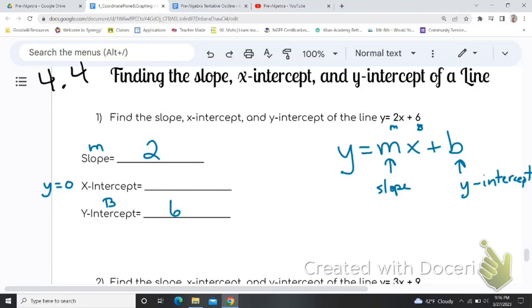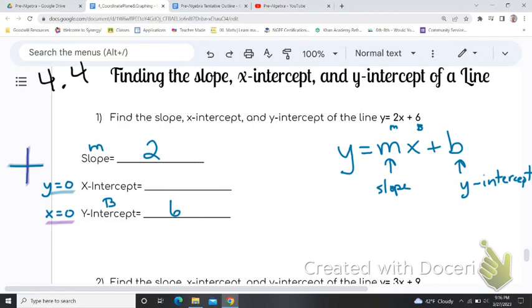And if it is the y-intercept, the x has to be equal to 0. So if you think about on a graph, any place that's on the x-axis, the y is 0. Any place that's on the y-axis, the x is equal to 0. And so we can just plug a 0 in and get the answer.